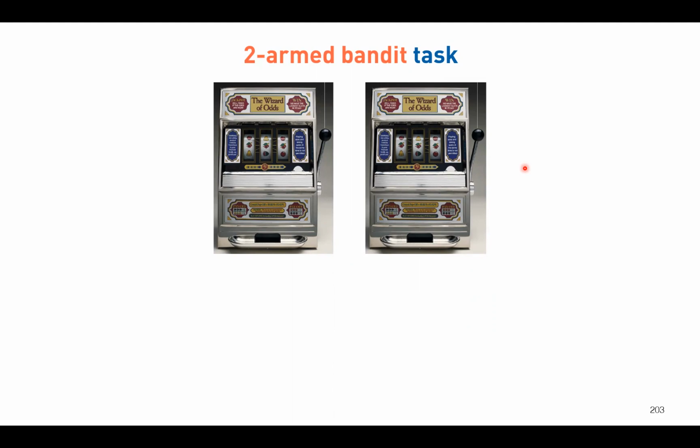Usually when people run this kind of task, researchers use slot machines or bandit machines. So in this case, both of them are bandit machines. Let's assume that one bandit machine is a little bit better than the other. Better means that if you play it more often, it will return positive reward more often relative to the other.